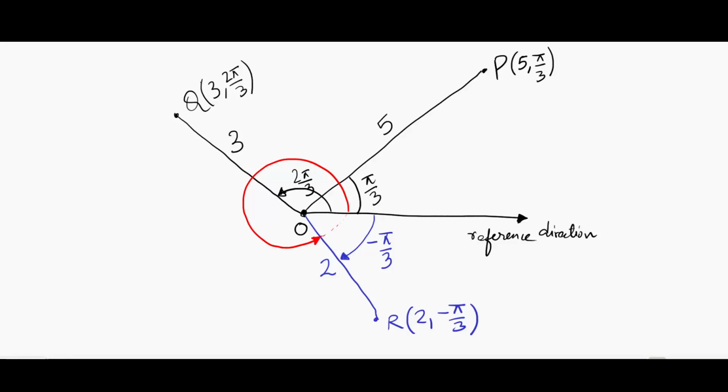So 2 pi minus pi by 3 would be equal to, I think, 5 pi by 3. So we can also write this coordinate as 2 comma 5 pi by 3. So for now, this is what you need to know about the polar coordinate system.